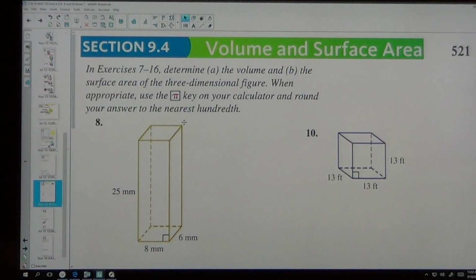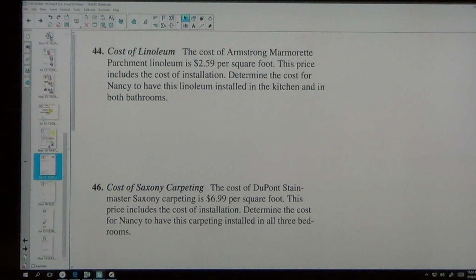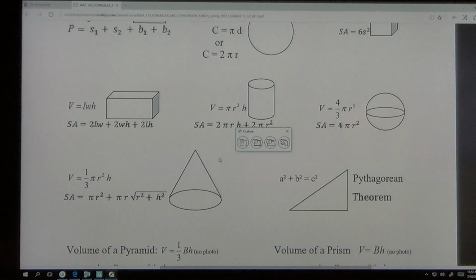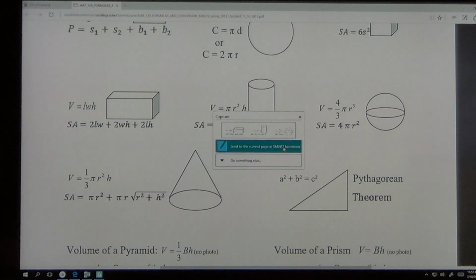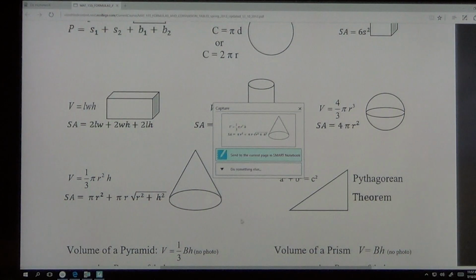I want to do three-dimensional now. Let me show you formulas for three-dimensional. We've done two-dimensional, now I want to make sure you know how to do three-dimensional. This is the last section.